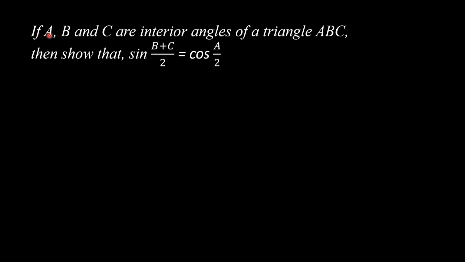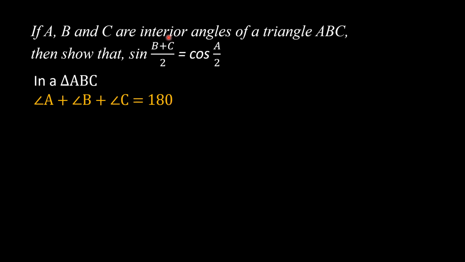If A, B and C are interior angles of a triangle ABC, then show that sine of (B plus C) divided by 2 equals cos of A divided by 2. We know that in triangle ABC, angle A plus angle B plus angle C equals 180 degrees.